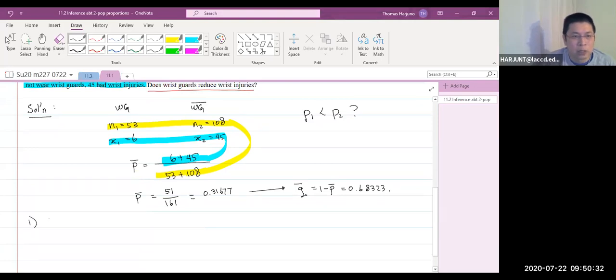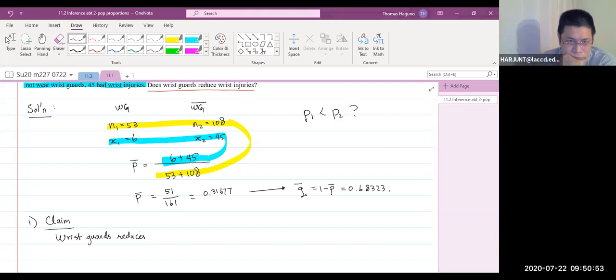Step 1, claim. Rephrase that question here. Risk guards reduce risk injuries. You know, I copy paste that question from somewhere.